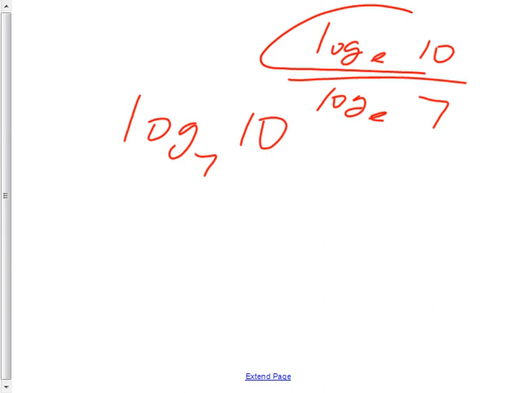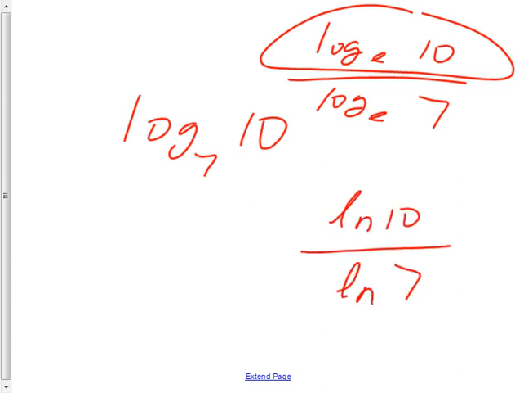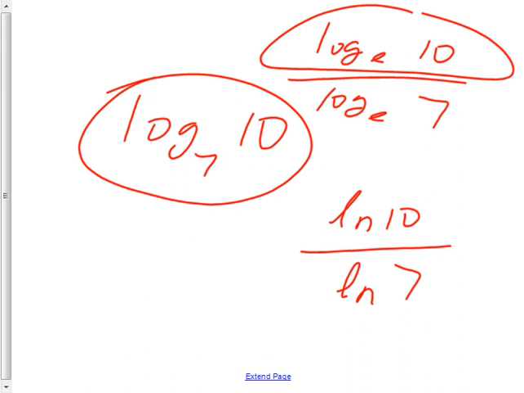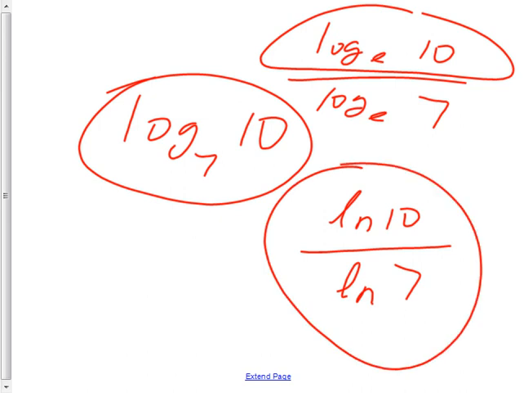And actually no, that's not equal to 1 anymore because now it's a base E. Okay. So what's that the same as? ln 10 over ln 7. That and that are the same exact thing. When you divide them, you get the same exact answer. Okay, moving on.